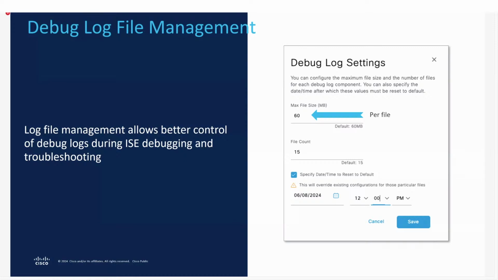If you're going to be done in 4 hours, set it for 4 hours. If you want it to run overnight, then set it for tomorrow at the time that it is today. So you have 24 hours, different things like that. So this is going to make debugging a lot easier to manage. And if you forget to turn off your debugging, this will do it for you.